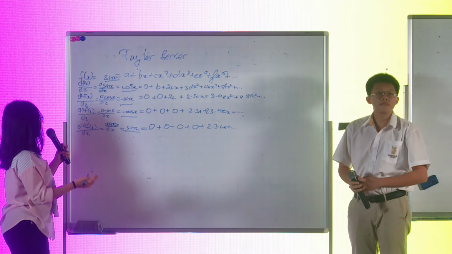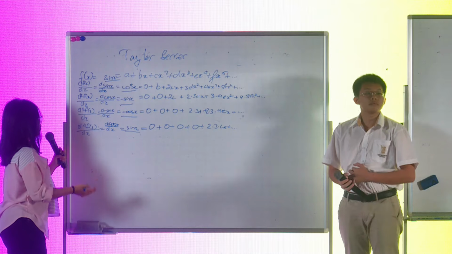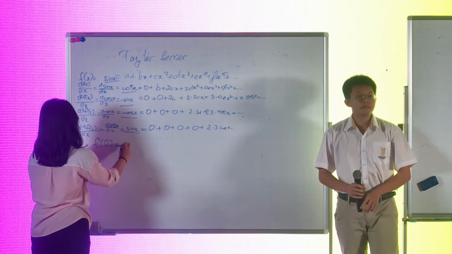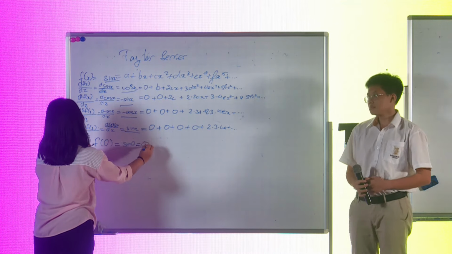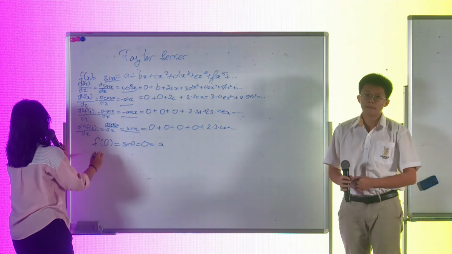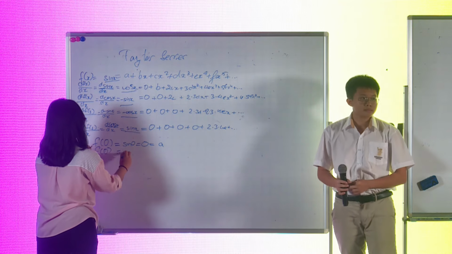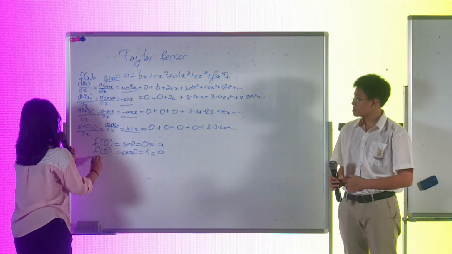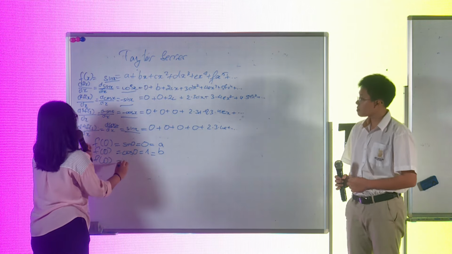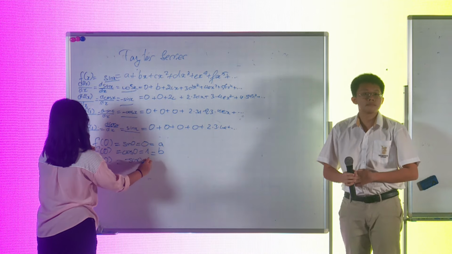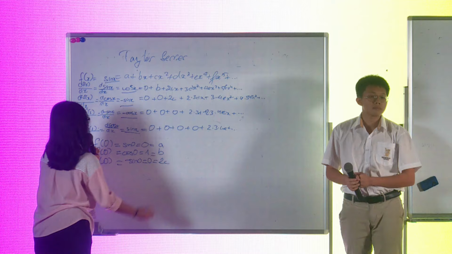So now we will plug in 0 for x to find the coefficients. So f(0) equal to sine of 0, which is equal to 0, which will now be equal to a. F(0) equal to cosine of 0, which is equal to 1, which is equal to b. F(0), which is now minus sine 0, which is equal to 0, which is now equal to 2c.